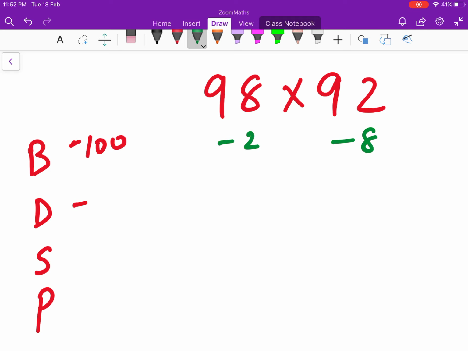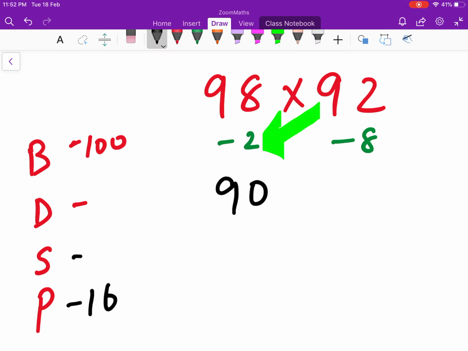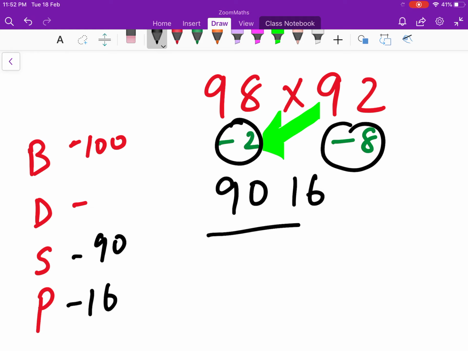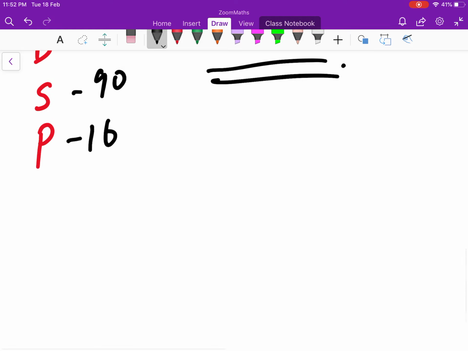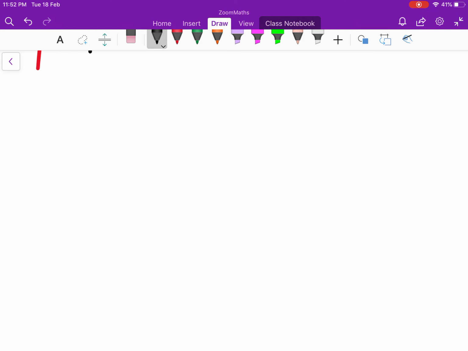So you subtract, 92 minus 2, if you add them, it's going to become 90. And then the product is going to be minus 2 into minus 8, that is going to be 16. Getting that? So just go and add this. That's your answer. Let's take some more problems.